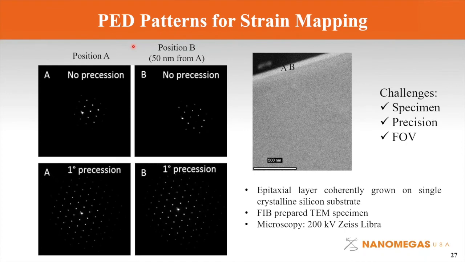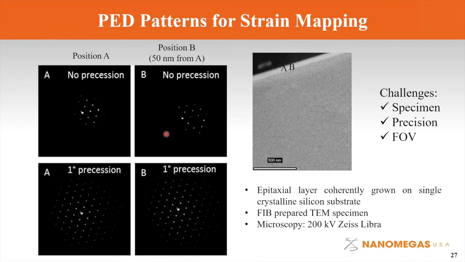Let me explain with an example here. We have a single crystalline substrate. Grown on top of that is an epitaxial layer, coherently grown. A and B are two positions in this epi layer 50 nanometers apart. Shown on the top row are NBD patterns acquired from A and B. You can see that with 50 nanometers apart, the diffraction patterns already look rather different.